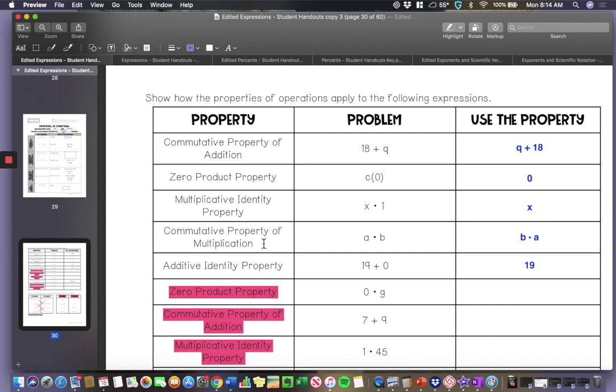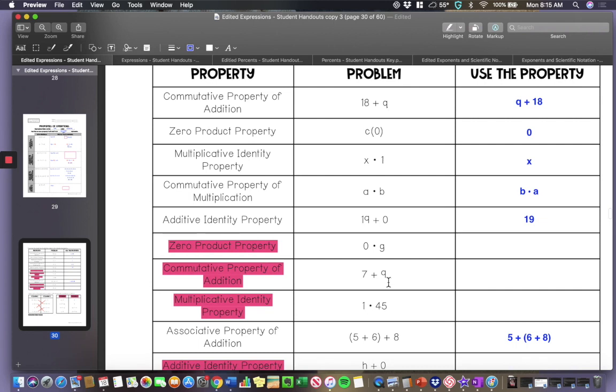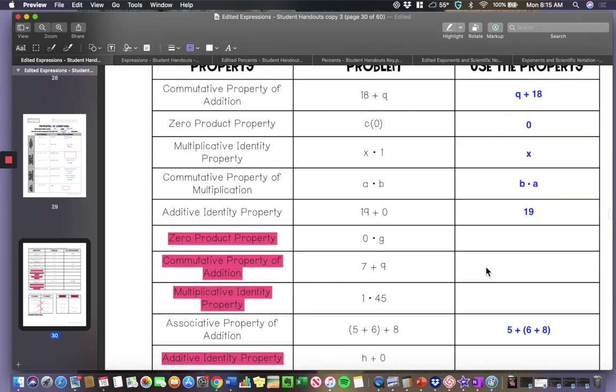So the commutative property of multiplication, we have A times B, and when I flip that over, I have B times A. For the additive identity property, we have 9 plus 0 is still going to give me 9. Nothing changes. For these pink ones, you have to apply the problem and use the property to get your answer.